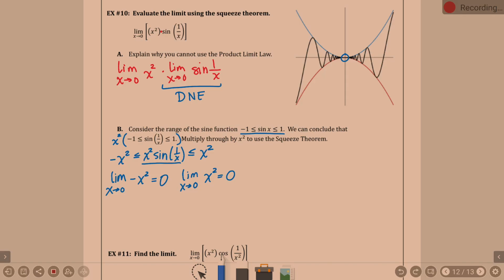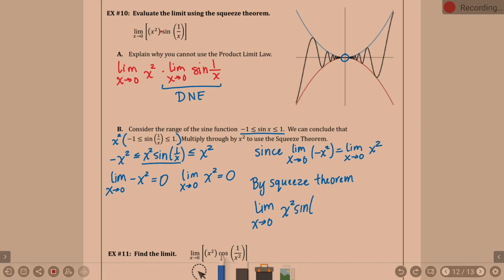So officially I can say, since the limit as x approaches 0 of negative x squared equals the limit as x approaches 0 of x squared, and we already stated that those both equal 0, by squeeze theorem, the limit as x approaches 0 of x squared sine of 1 over x must equal 0.